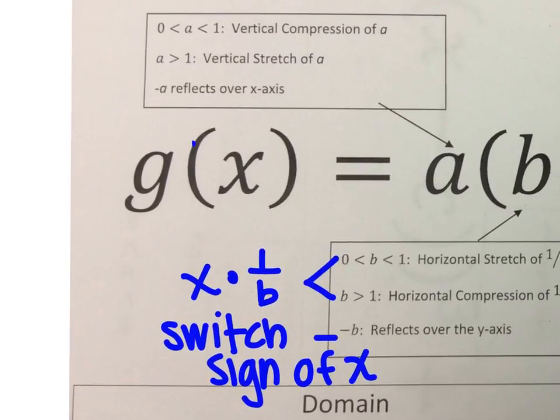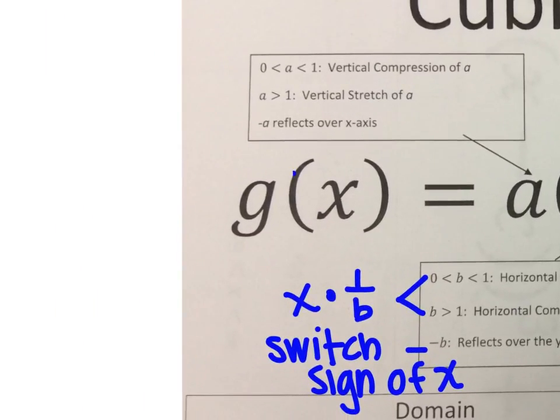And our last one is A. And we just did one of these because we had an A value in our last problem. So what do I do with the A value? If I'm vertically compressing, what am I doing mathematically?